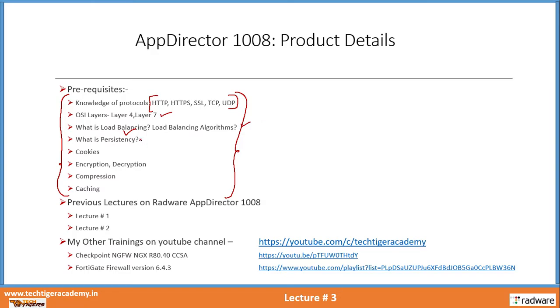What is the meaning of persistency, session, cookies, encryption, decryption, compression, caching? Other concepts are key negotiation. I would expect all of you to have some basic idea about all these terms. That's very important, guys. It is really going to help you.